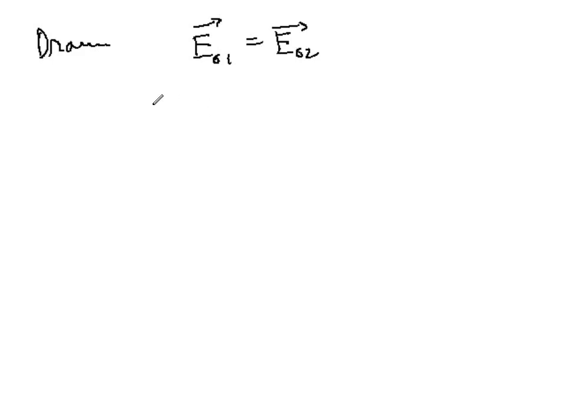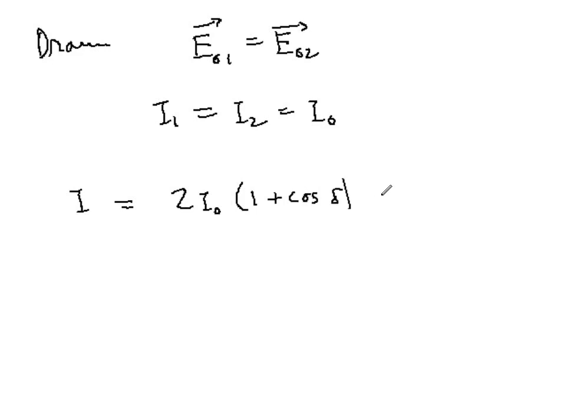So in this case, I1 will be equal to I2 equal to I0. And so the total intensity, I can write it down like this. Now this is the case for constructive interference. Twice I0 into 1 plus cos delta, or this is basically 4I0 cos square delta by 2.